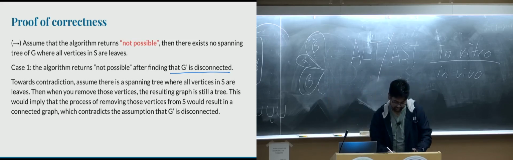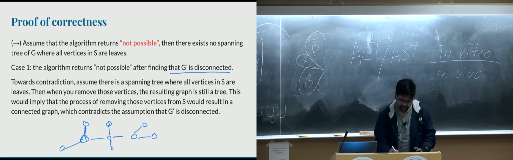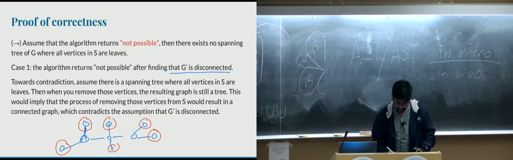So let's say this is your MST. I just create nodes like this. What it is saying is remove these leaf nodes here. If you remove these, it is still a connected graph, right?